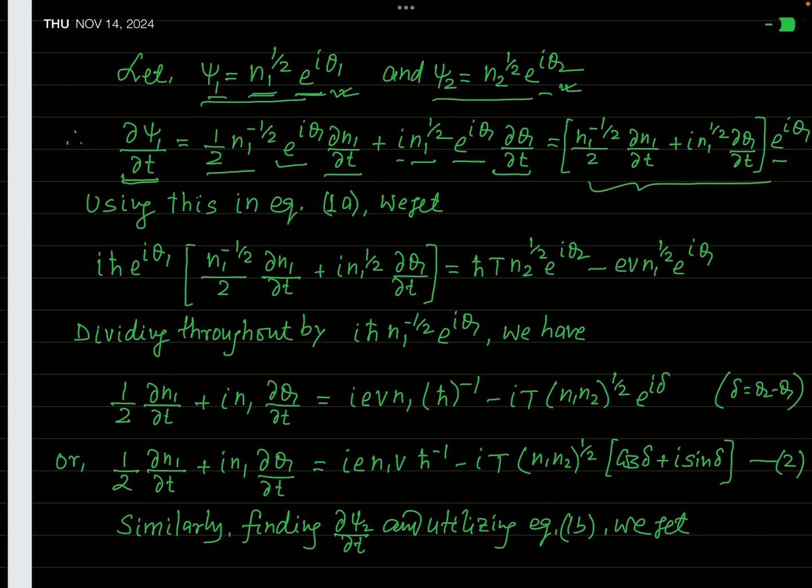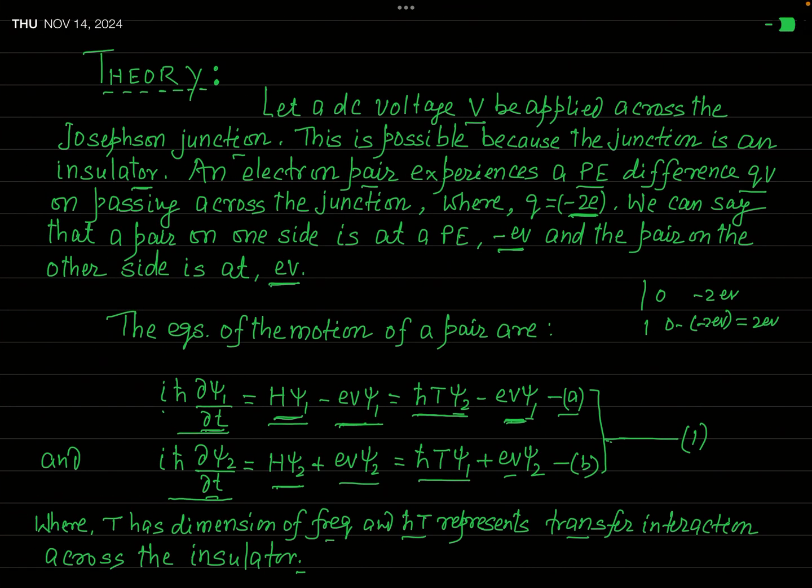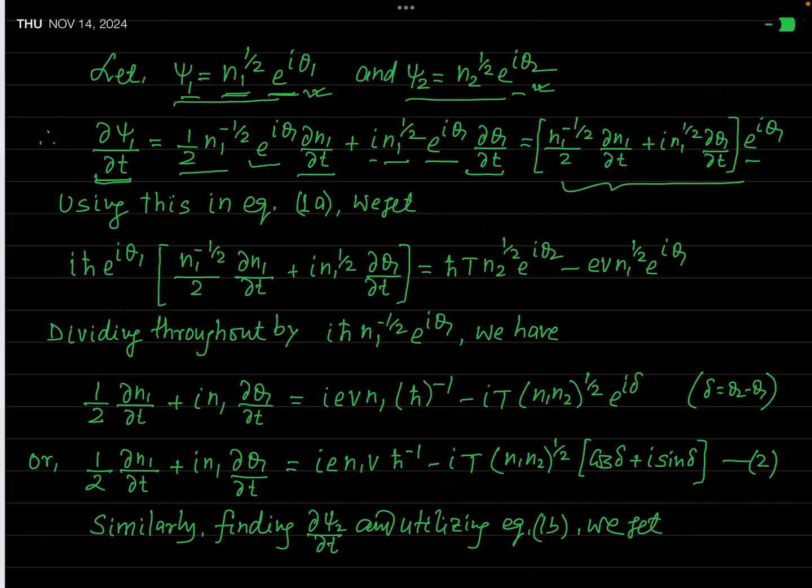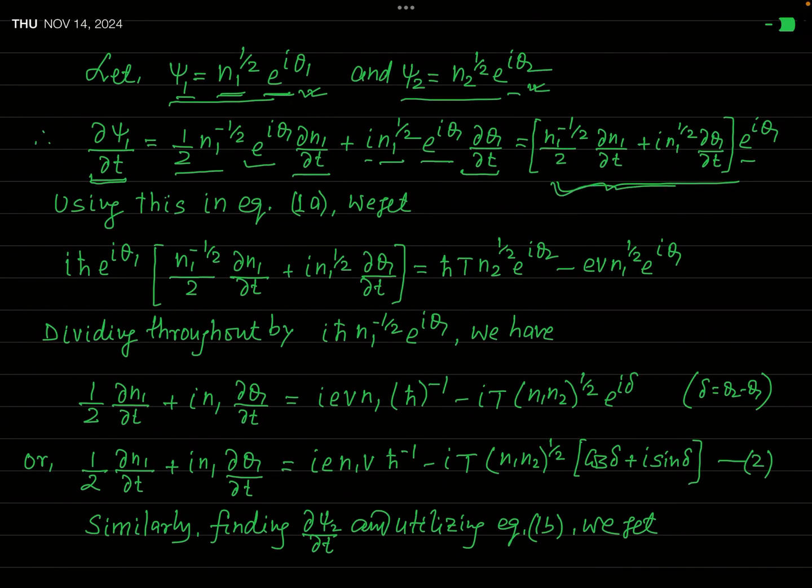You can see this will be iħ, and ∂ψ1/∂t is this much. So this factor e^(iθ1) is here, and the remaining term is inside this square bracket. So I have written it here.